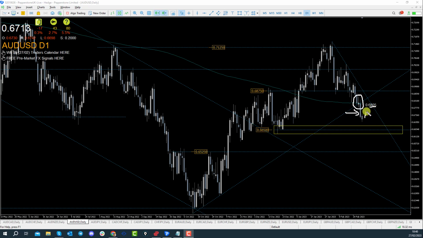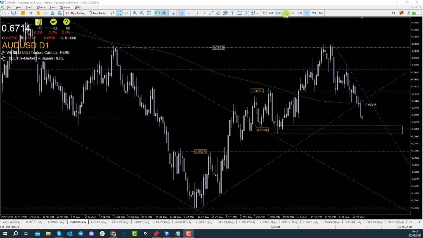So I'd like to see price pull back into that area. If we had a slow pullback, maybe 3 days of price slowly making its way back up into this level, and then a rejection candle in and around the 0.68 handle, around this horizontal resistance as well as this trendline resistance, I'd be looking for opportunities down to the 0.6650, which were these lows that formed back here in December.